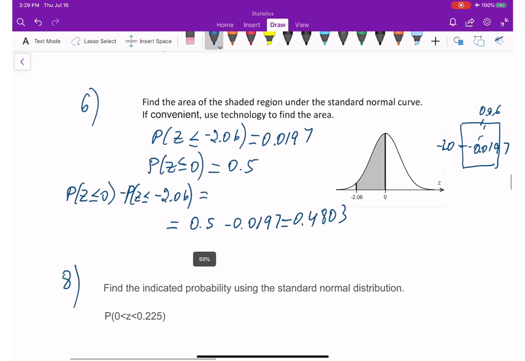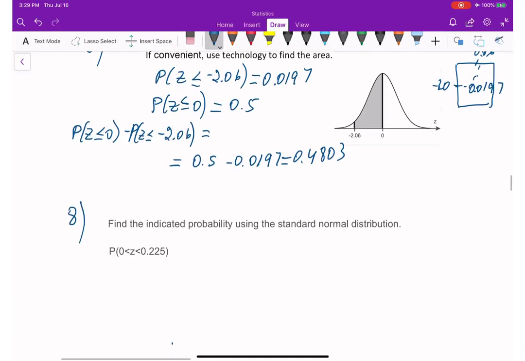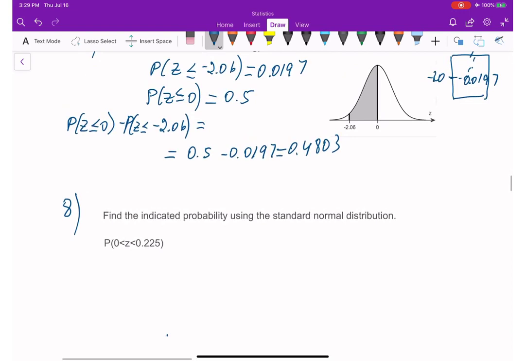From question number 6, we are jumping to question number 8 because 7 is practically working with the table, so I didn't cover that question. You can do it. Question number 8 is also working with the table. It's just between areas. That's why I wanted to show you how to do it one more time.